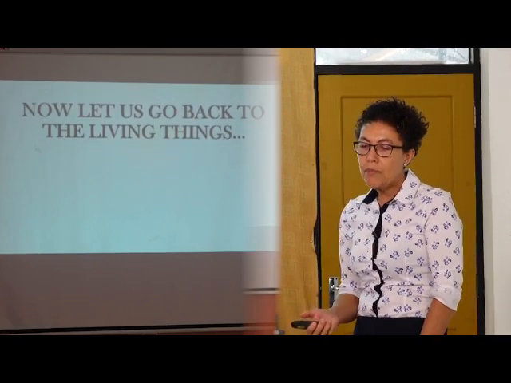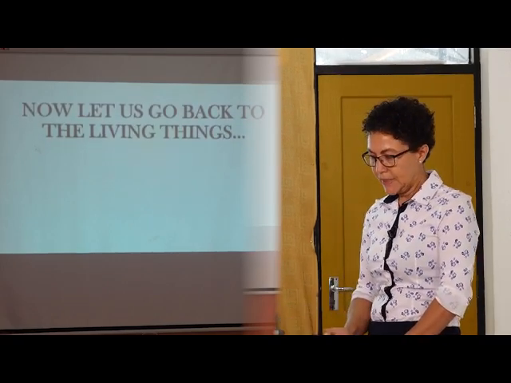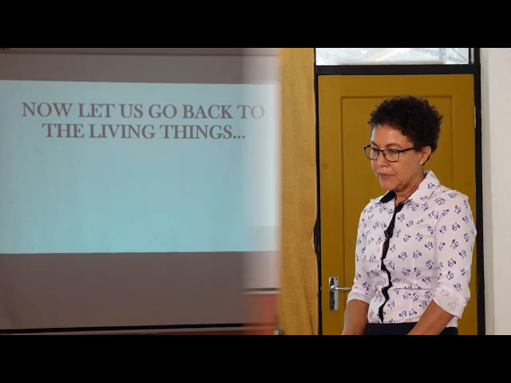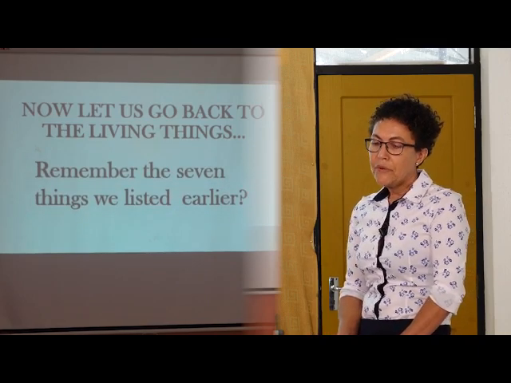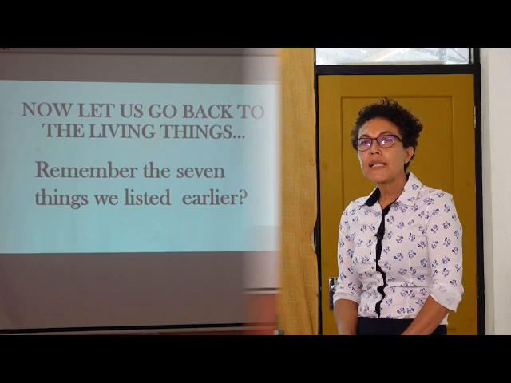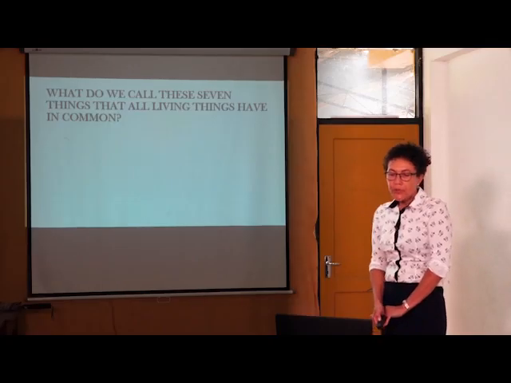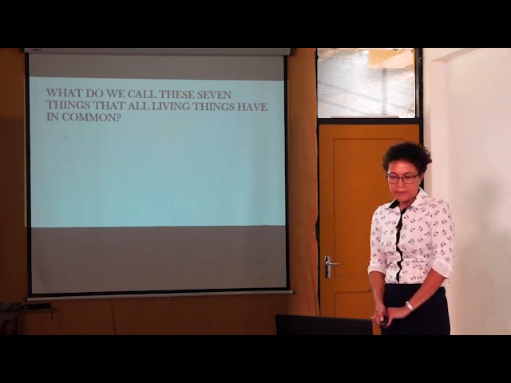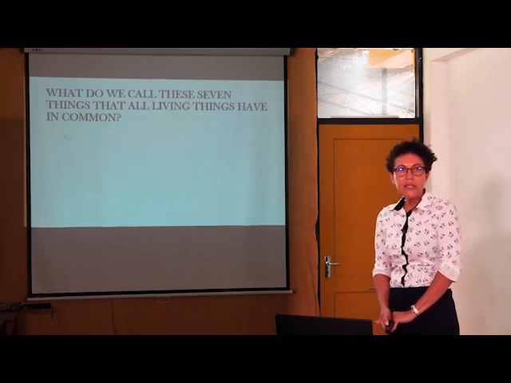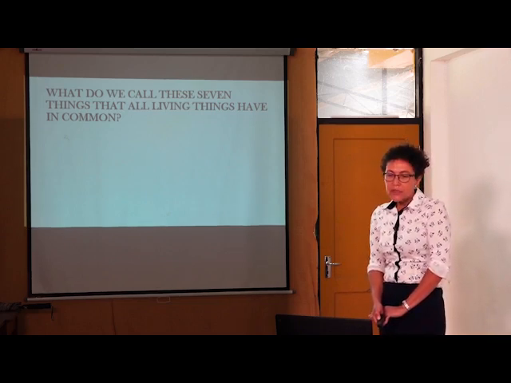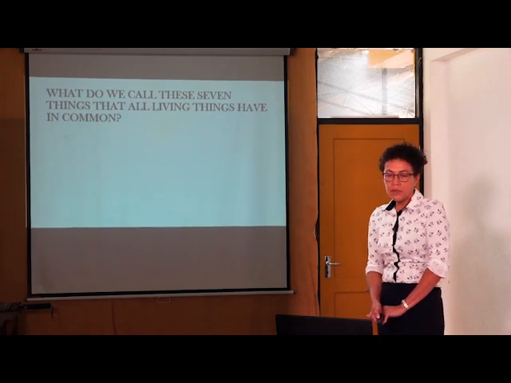Now, let's go back to the living things. Remember, we've looked at Mrs. Nerg. So, what do we call these 7 things? We've seen them in Mrs. Nerg. The things have something in common.